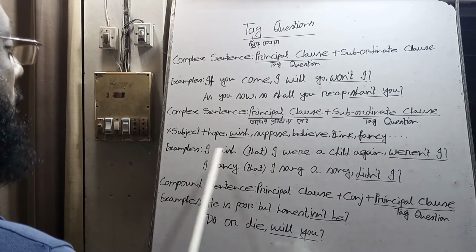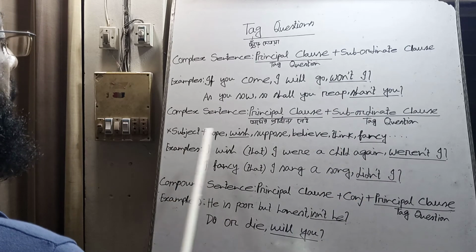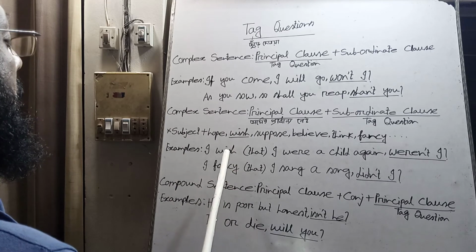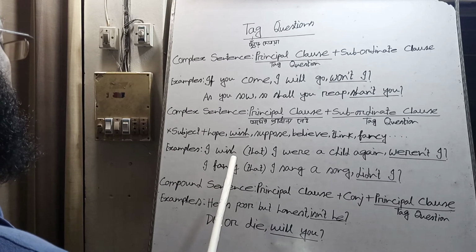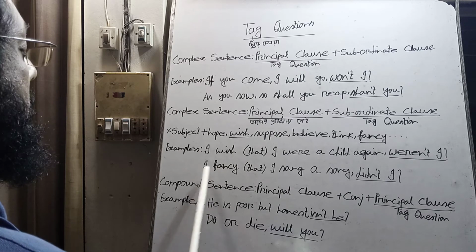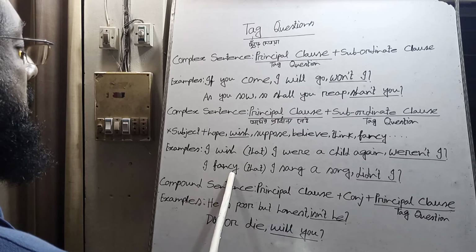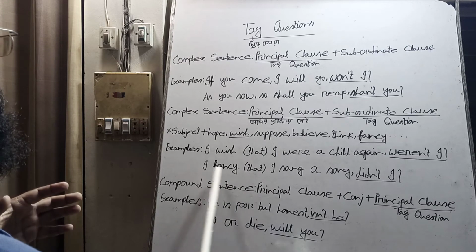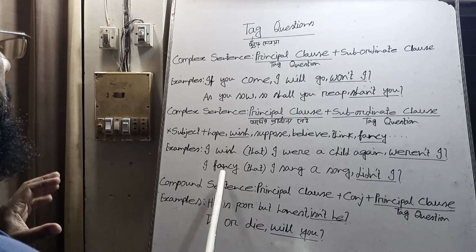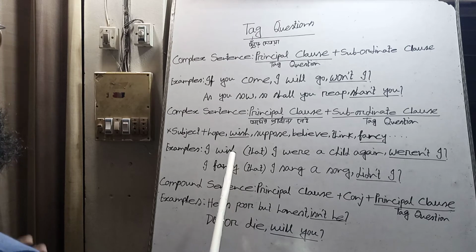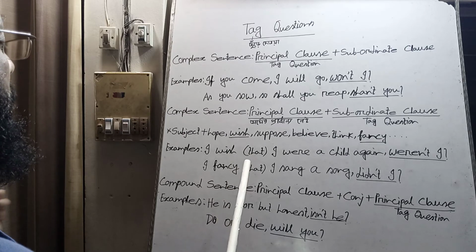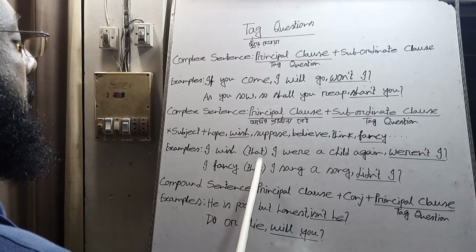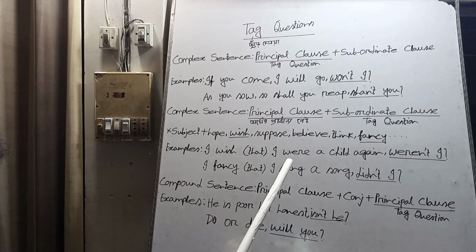For example, "I wish": I is the subject, wish is the principal clause here, but it has no importance in meaning. "I fancy": I is the subject, fancy is the principal clause, but it also has no importance in meaning. The word that is understood here.